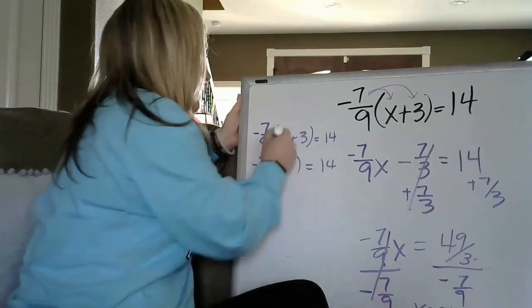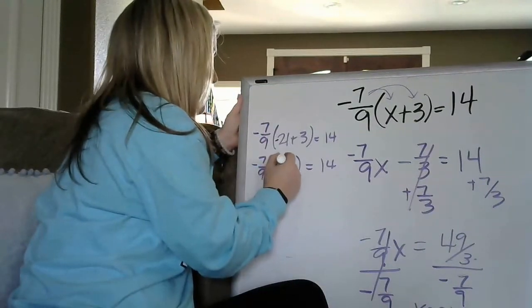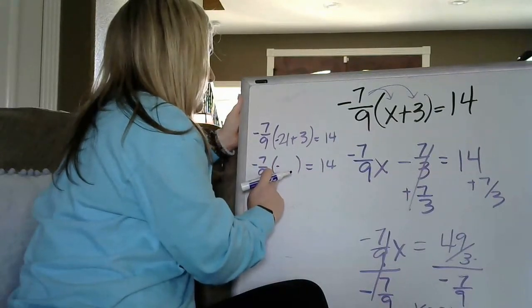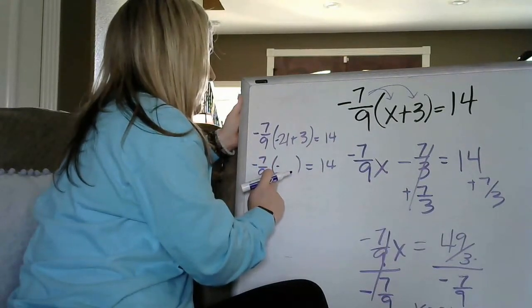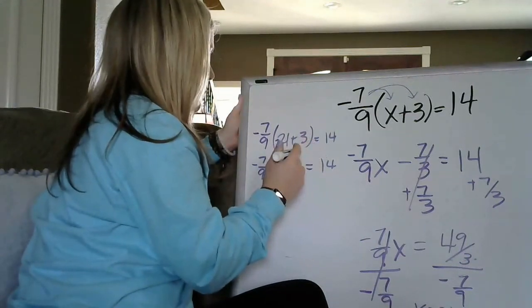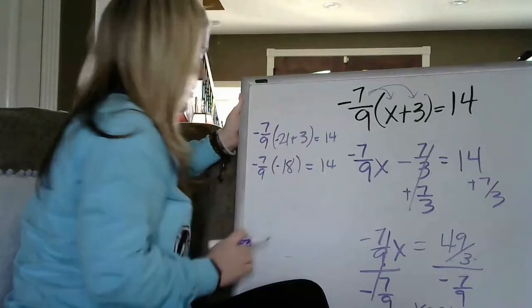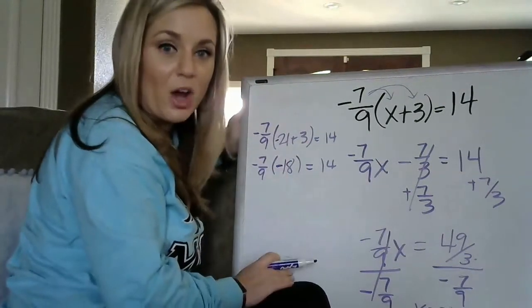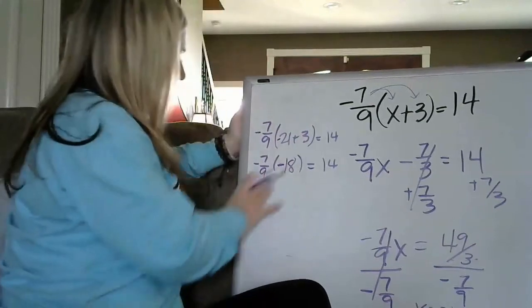So this would be negative 21 plus 3. I'm losing my mind now. Negative 18? Yes. Okay, negative 18. Sorry, guys. It's because I'm at home and I need to be there. All right, so negative 18.